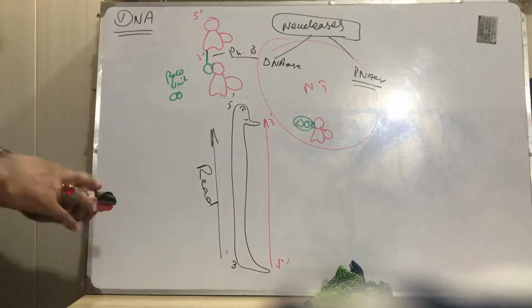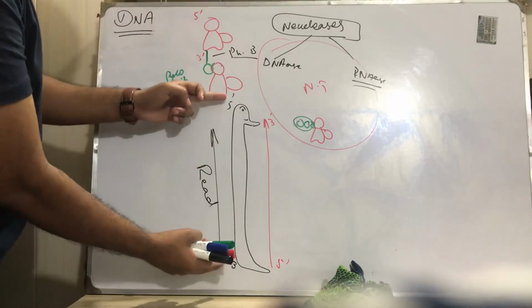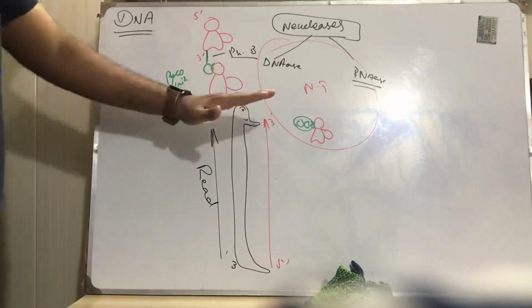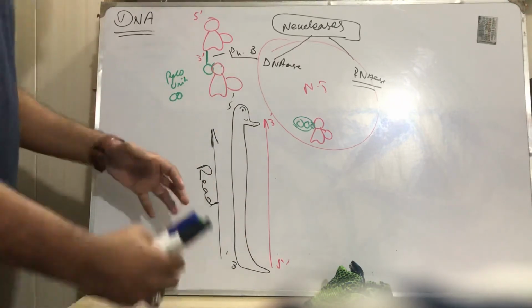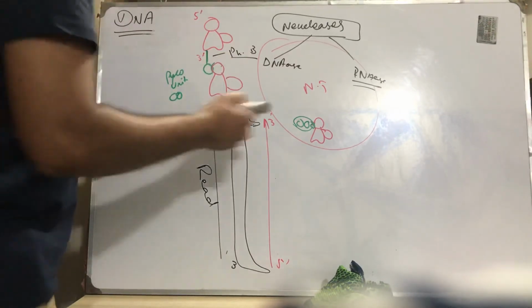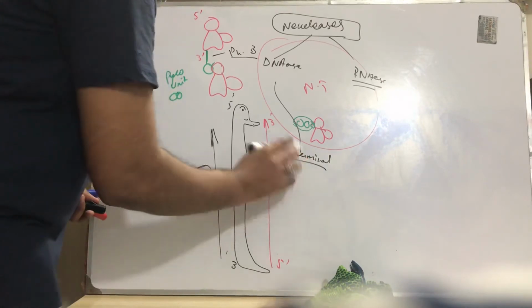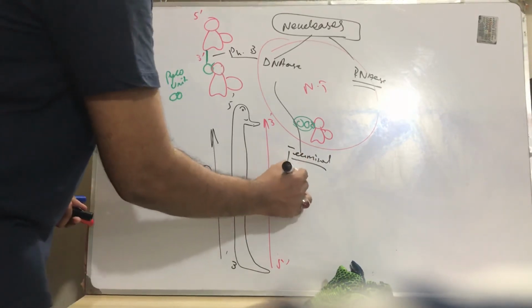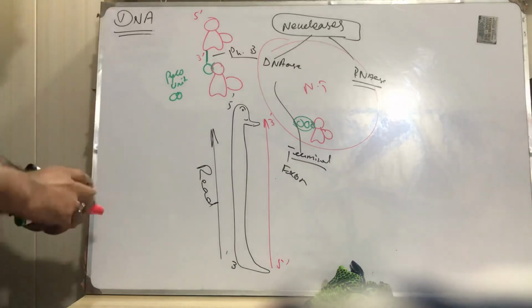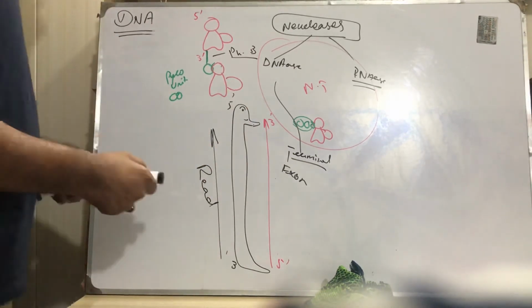Sometimes these nucleases act only on the terminals, or extremes, of the DNA, cutting the nucleotides from the terminal part. Such DNases which act on the terminal part are known as exonucleases, and some can act inside, at the center of the DNA, and they are called endonucleases.